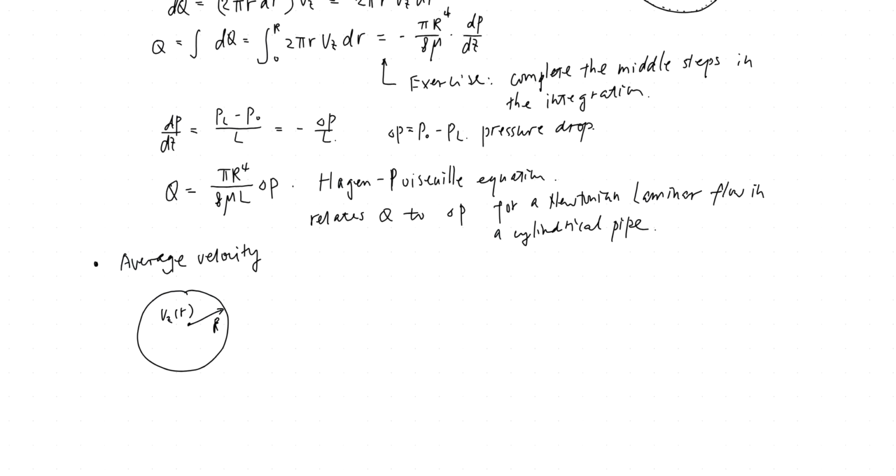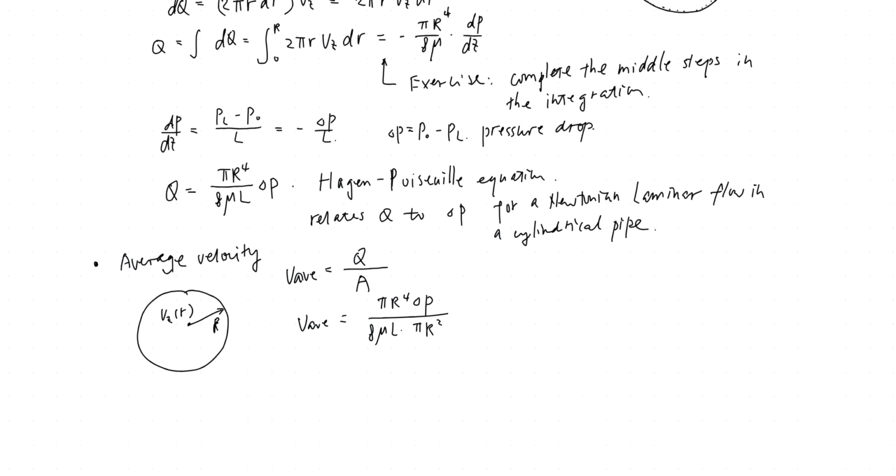So by definition, the average velocity is the volumetric flow rate divided by the cross-sectional area. And in our case, what is Q? Q is pi R to the fourth delta P divided by 8 mu L. And then divided by area, area is pi R squared.